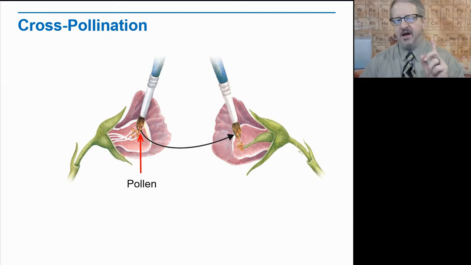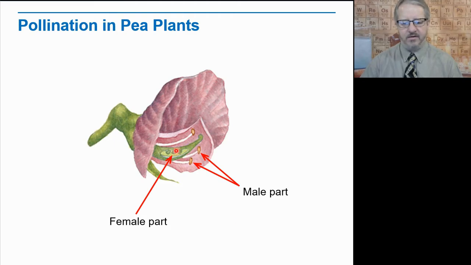Well, it doesn't look like this flower has a pistil and the ovaries. It looks like it only has the stamens that produce the pollen, and this flower doesn't have any stamens to produce pollen. It only has the pistil and the ovary. So yeah, it's different. If we look at the last slide, it has both.